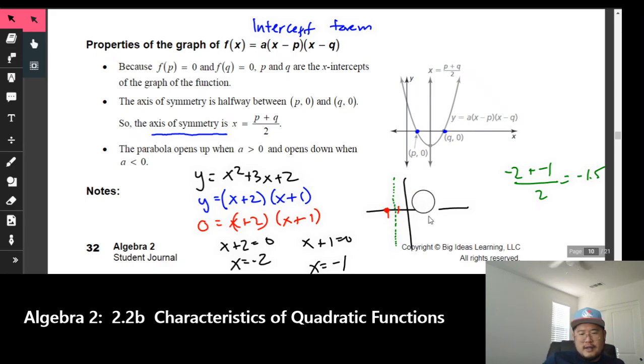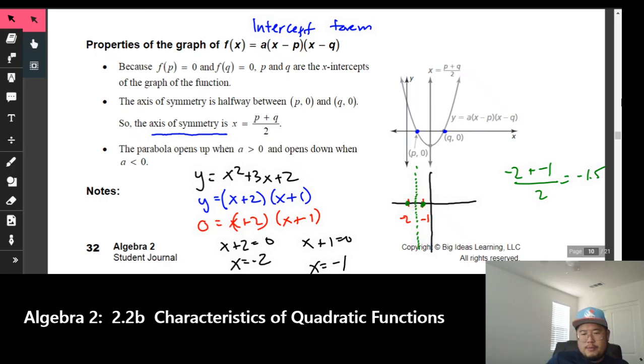And actually, no wonder why I'm pausing, because as I look at this, we have negative 2, negative 1 right here. I put the value of negative 1 in the wrong spot, and there is our axis of symmetry right here. So we have 2 points.